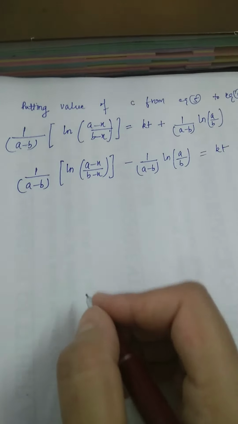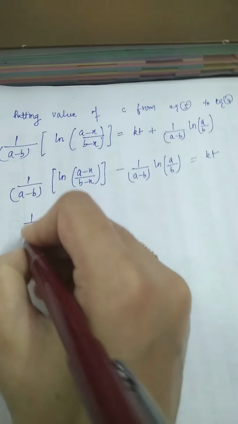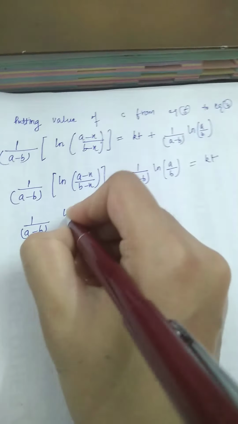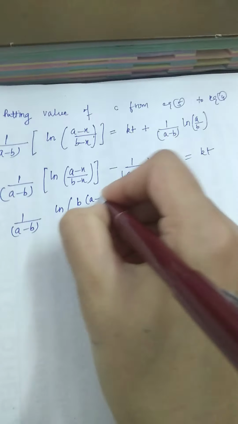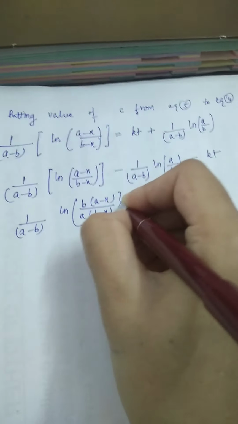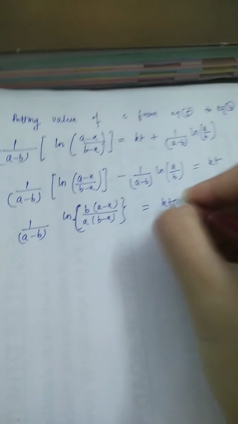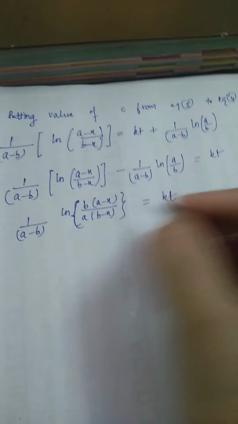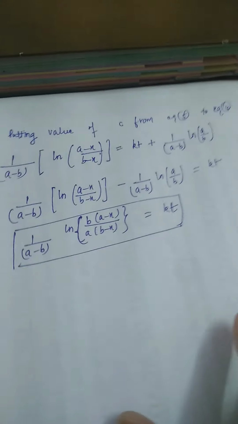If we further simplify this, we get 1 upon (a minus b) ln of b into (a minus x) upon a into (b minus x) is equal to kt. So this is our desired equation.